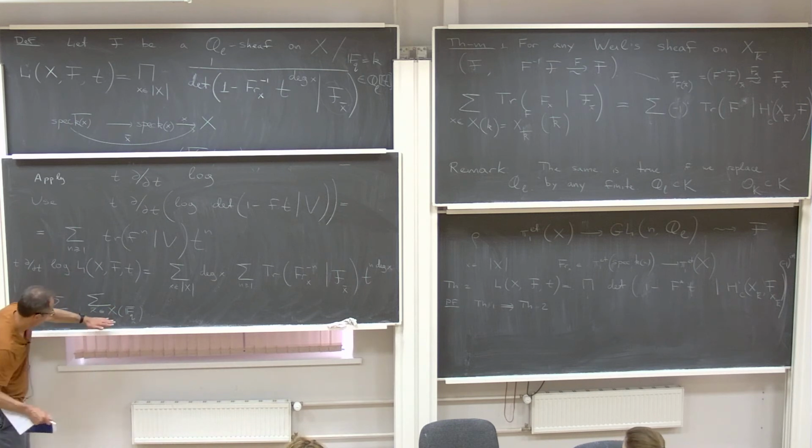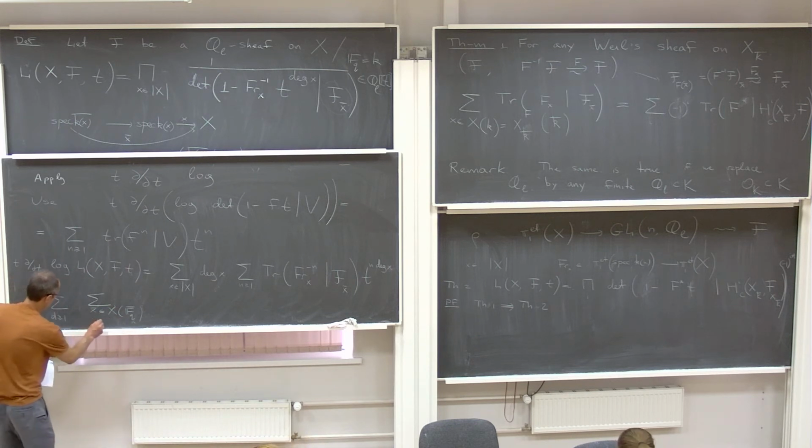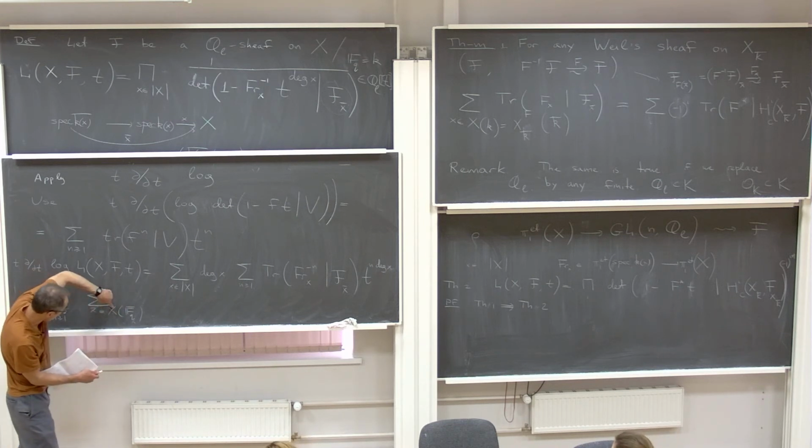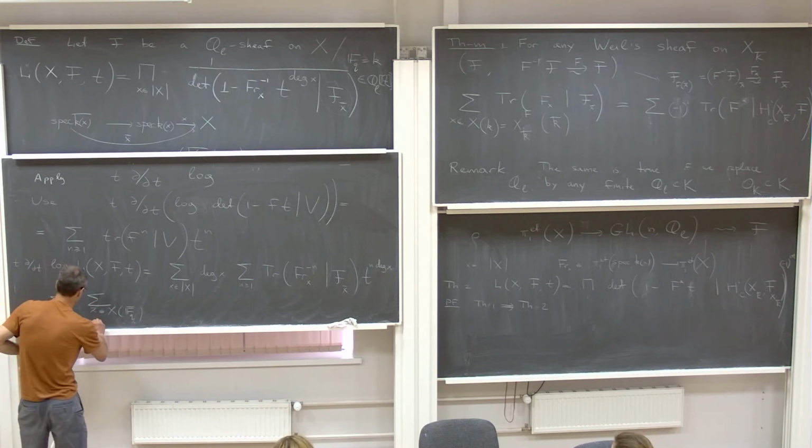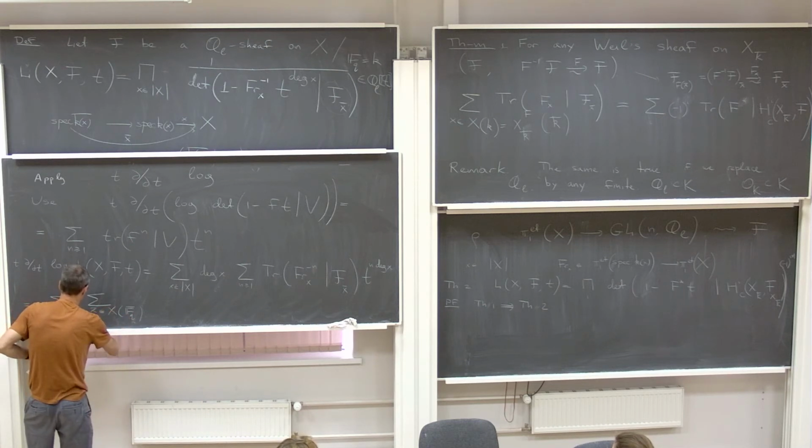These are k-bar points, and x is the corresponding closed point, its image in X. So the degree of x is d.